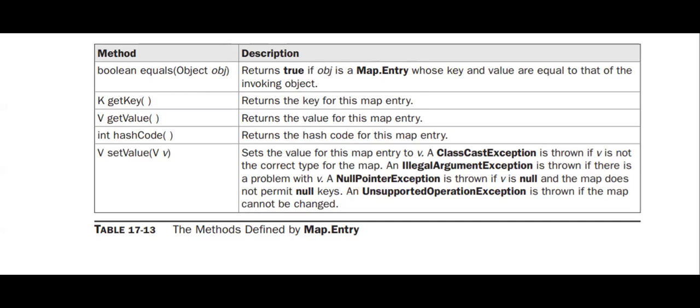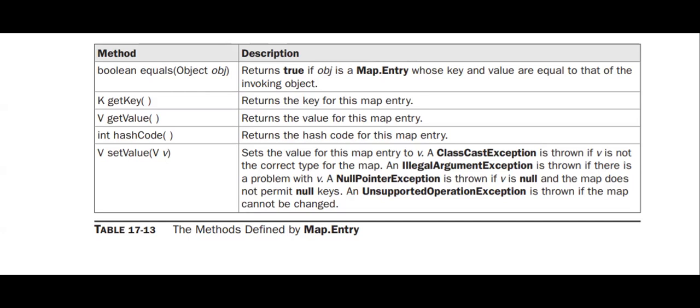Whatever value we have passed, for that key it will be set. It throws a ClassCastException if the value we have passed is not of the correct type for the map. An IllegalArgumentException is thrown if there is some problem with the value. A NullPointerException is thrown if a null value is passed and the map doesn't permit null values.